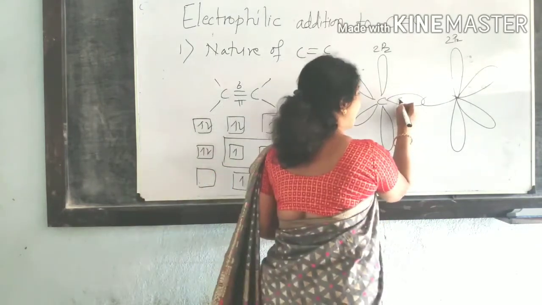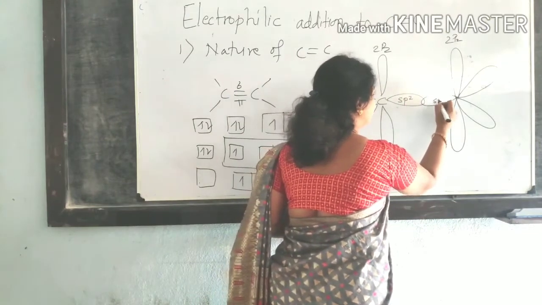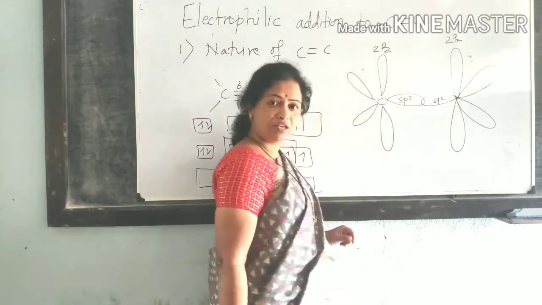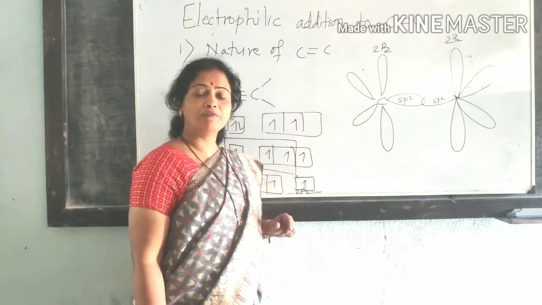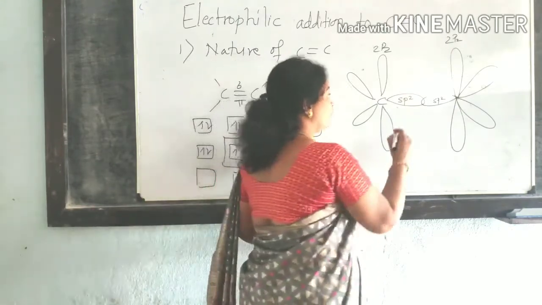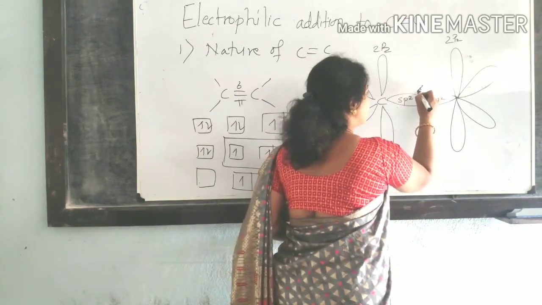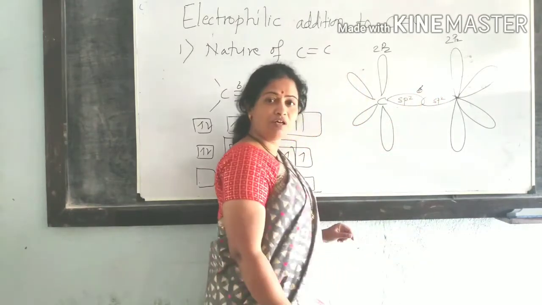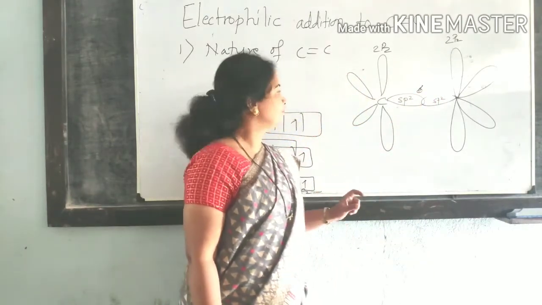One sp2 hybrid orbital of the first carbon gets overlapped with an sp2 hybrid orbital of the other carbon to form this sp2-sp2 sigma bond between two carbon atoms.